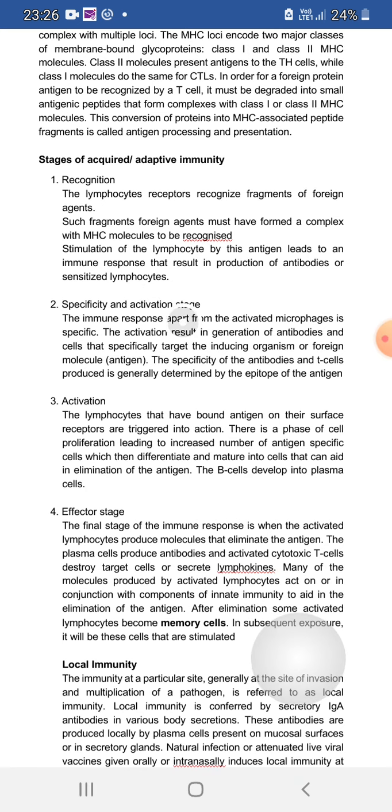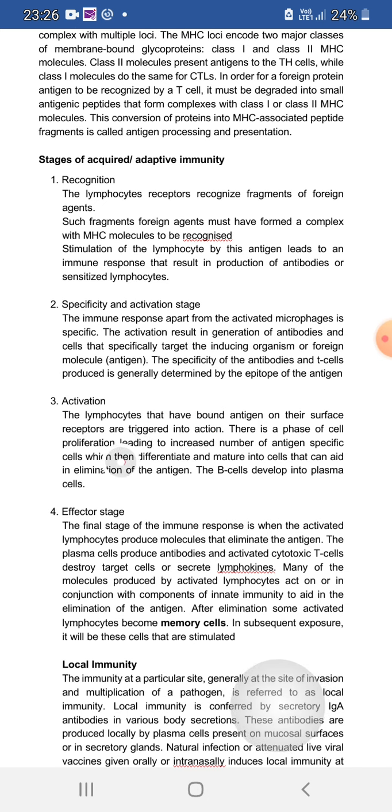So then activation stage. During activation stage, there is also mass production of the same kind of activated or sensitized immune cells. This is to amplify the effect or the reaction against the antigen, so that if antibodies are produced, a lot of antibodies will be produced against the antigen.